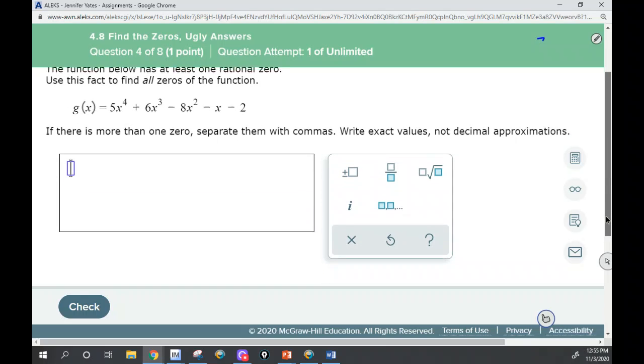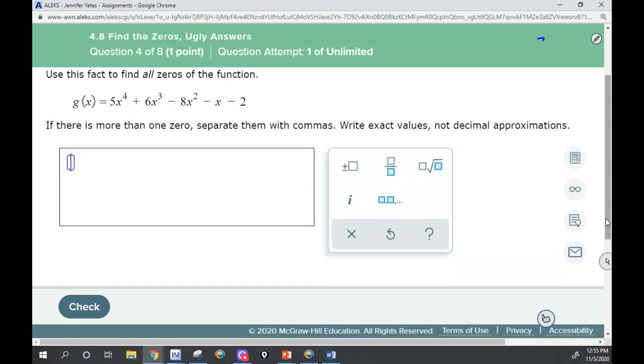Has at least one rational zero. All right, they're giving us nice, pretty prime numbers again. All my divisors of the constant, 1 and 2, divided by my factors of the leading coefficient, 1 and 5. So that takes it down to 1, 2, 1/5, and 2/5.